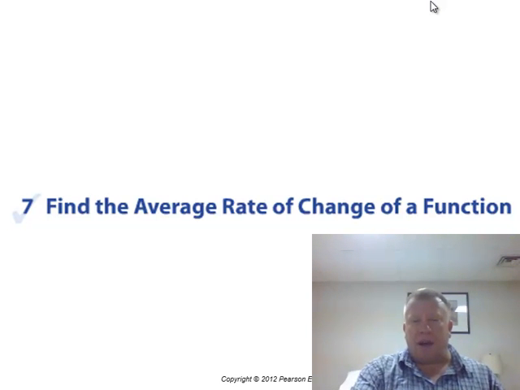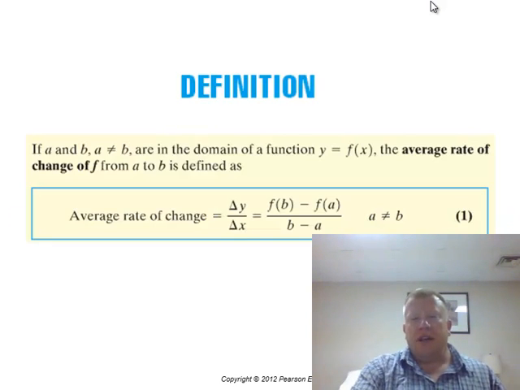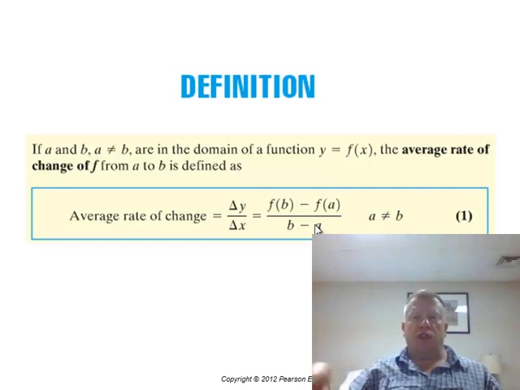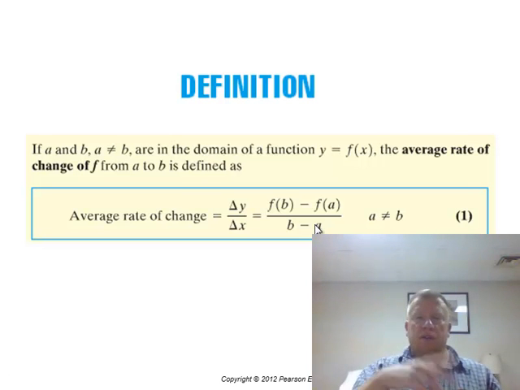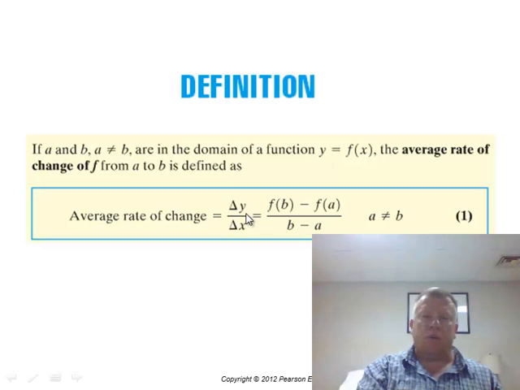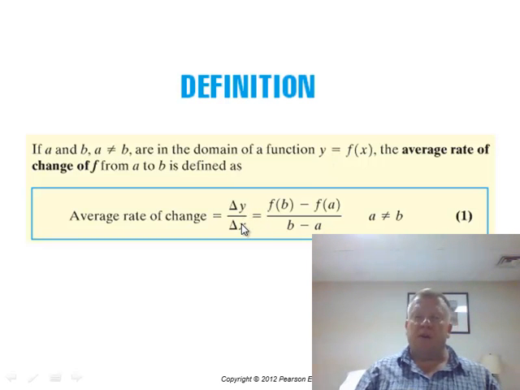All right, so let's talk about how to find the average rate of change of a function. It really comes down to calculating the difference in the value of the function over the difference in the independent coordinates. So whether we're talking about how temperature changes with time or distance changes with time or whatever, it's going to be basically the delta of the function, in other words, delta y, over the delta of the independent variable x, delta y over delta x.